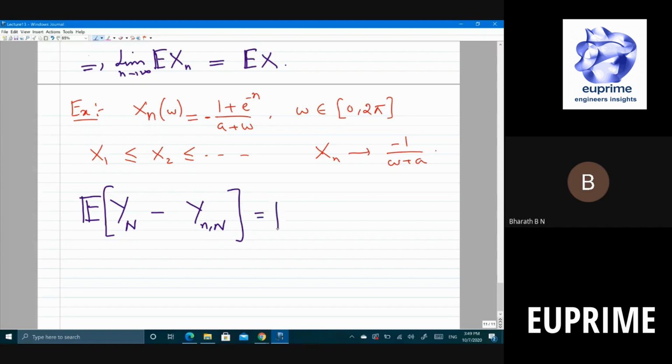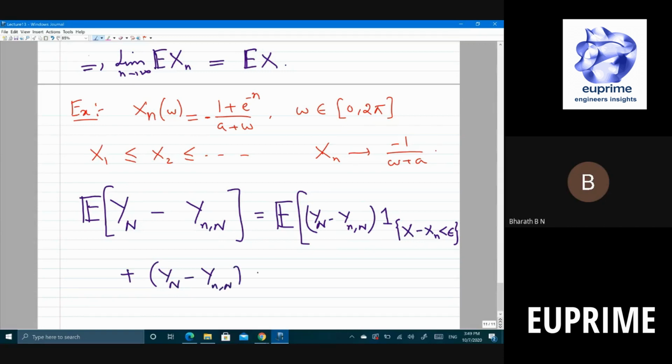I can write this as the expected value of this difference, Yn minus Yn,n, times the indicator of the bad event, that is, if you look at X minus Xn, this difference is small, plus another event, Yn,n greater than or equal to epsilon.